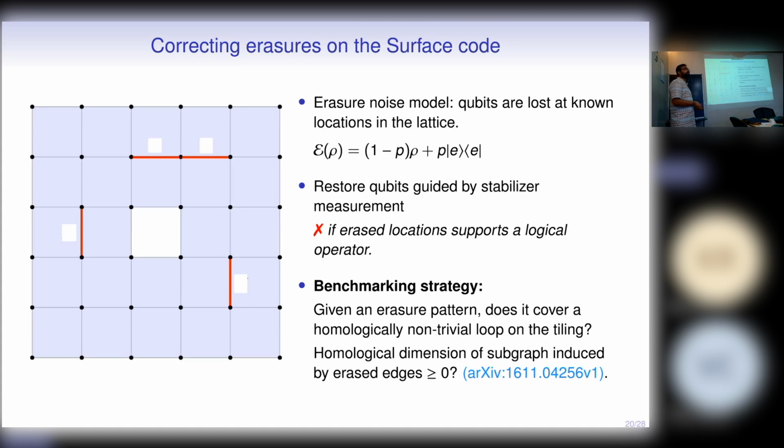You can imagine I'm encoding my qubit using the presence or absence of a particle, like a photon. We have heard of dual rail encodings. What is dual rail? I have two waveguides on my chip. If my photon is in the right waveguide, it's 0. If it's in the left waveguide, it's 1.